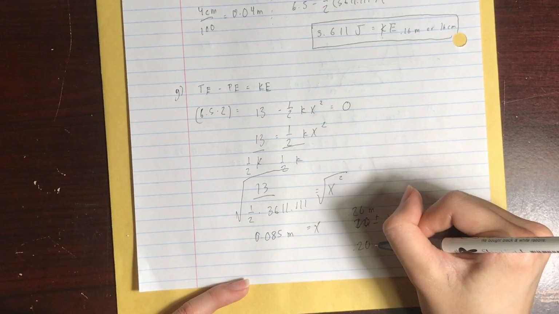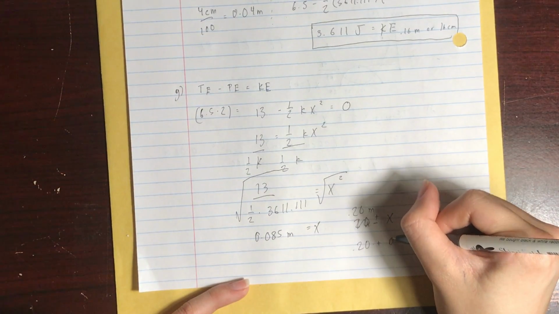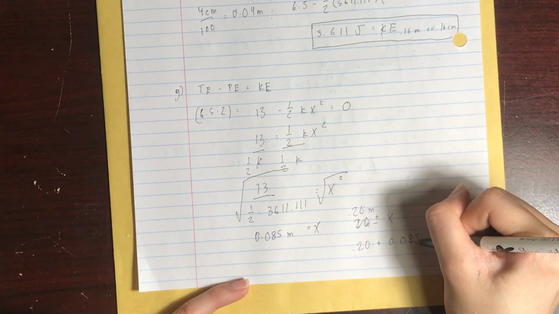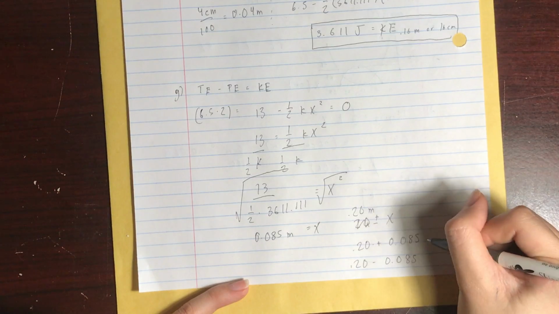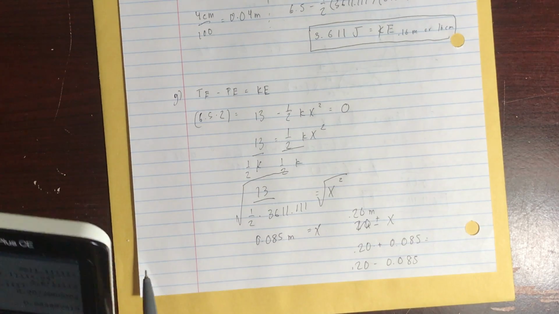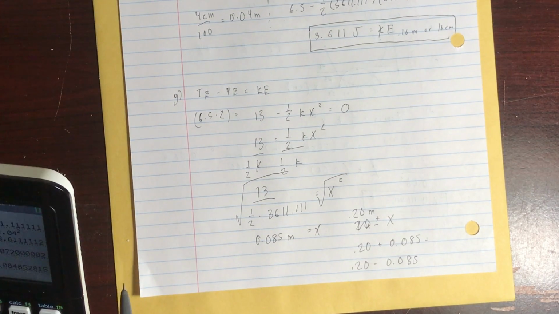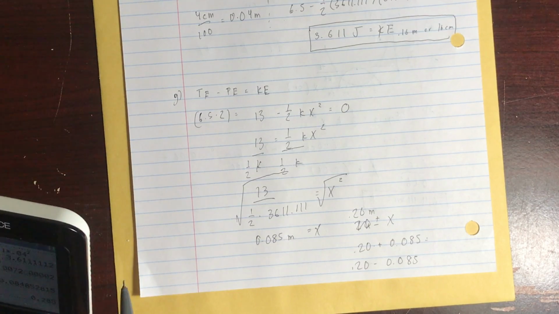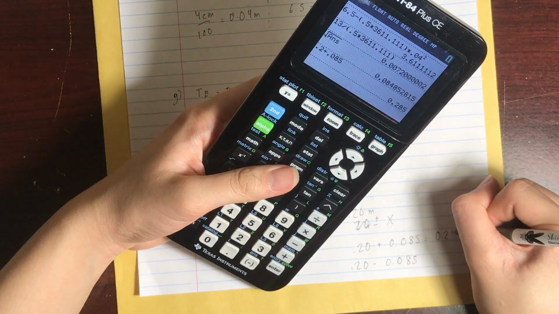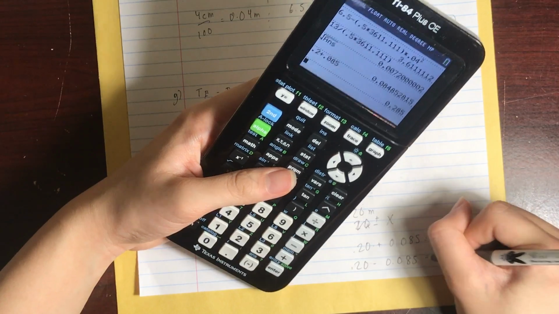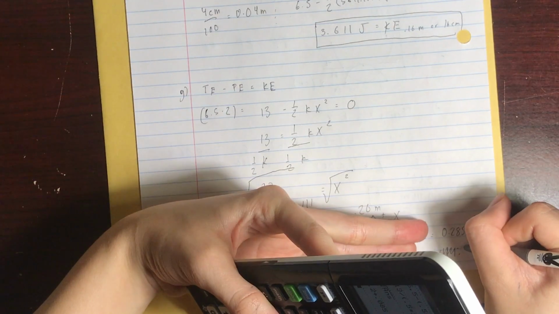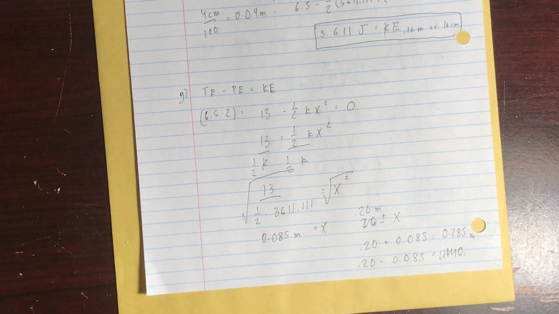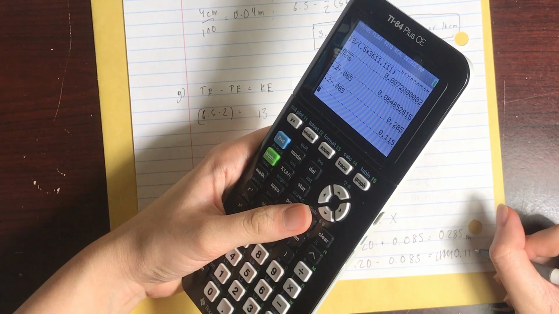So 0.2 meters plus 0.085 and 0.2 minus 0.085 is equal to, so there will be a turning point at 0.285 meters and at 0.115 meters.